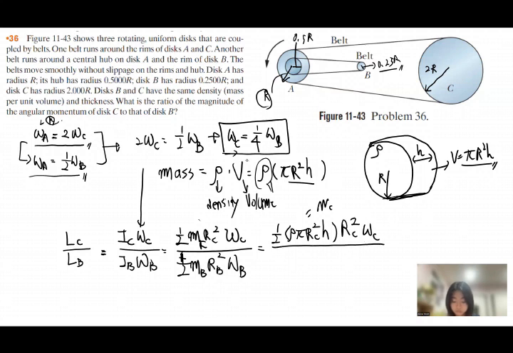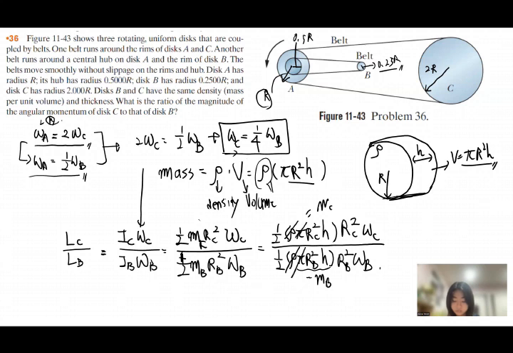And the denominator is 1/2 rho pi r_B squared h, that is M_B, times R_B squared omega B. So here, rho obviously can be canceled out of the numerator and denominator.